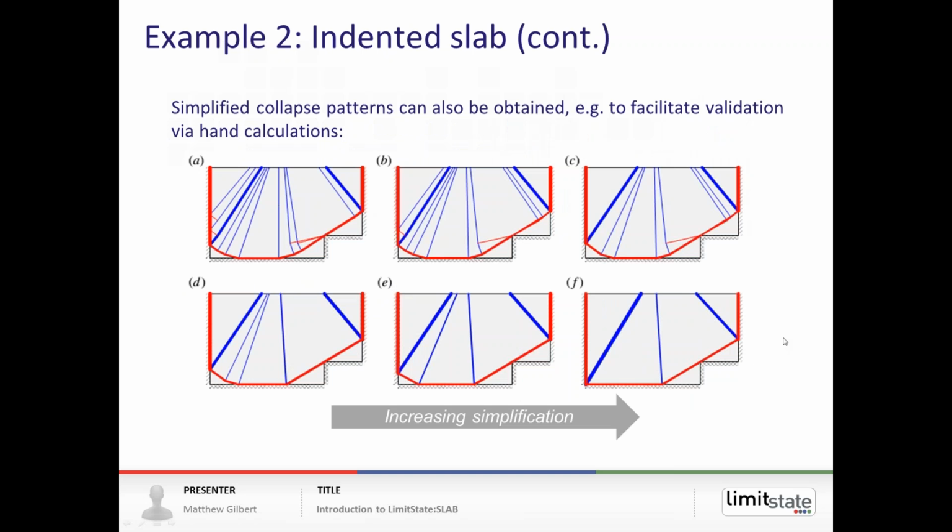And also in the paper that I've just described, we looked at ways of simplifying the pattern, and this is a technique that we may at some stage include in the LimitState SLAB software. So we can see that it's possible to simplify the solution and to just get a small penalty in terms of accuracy.